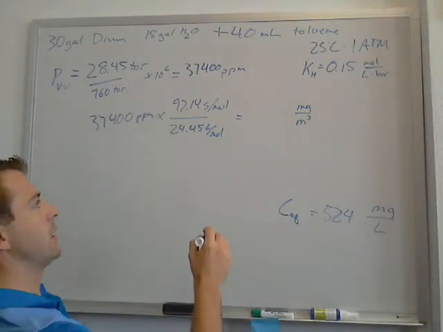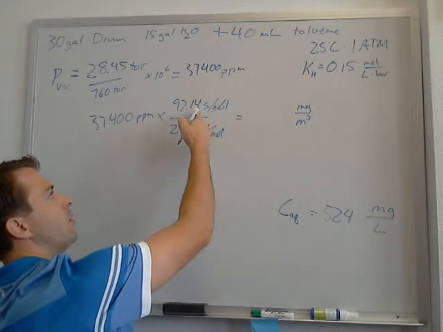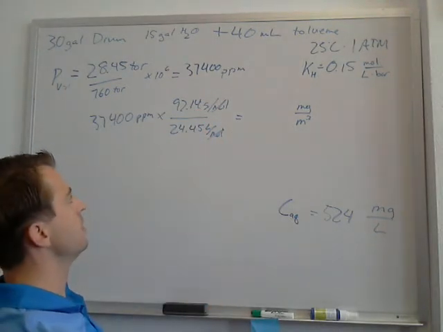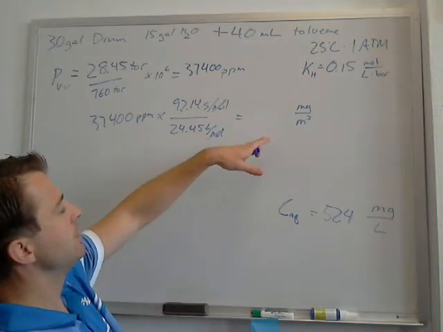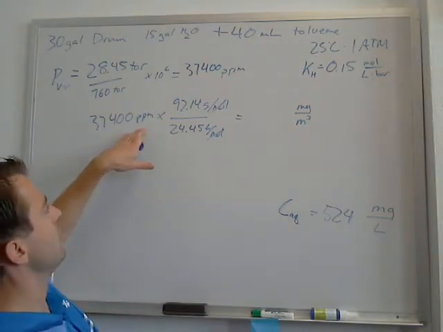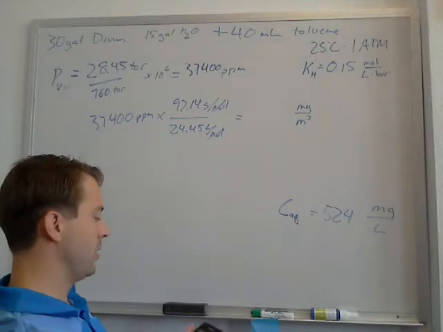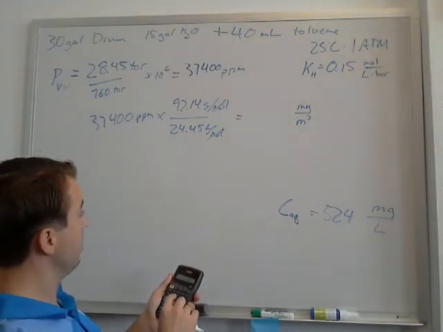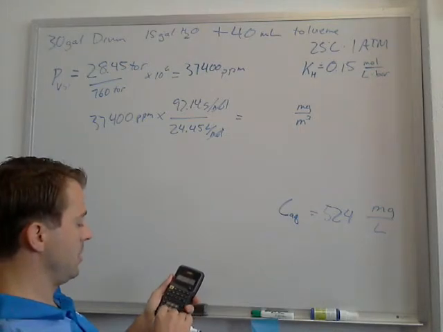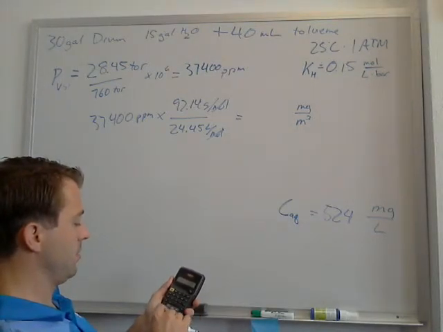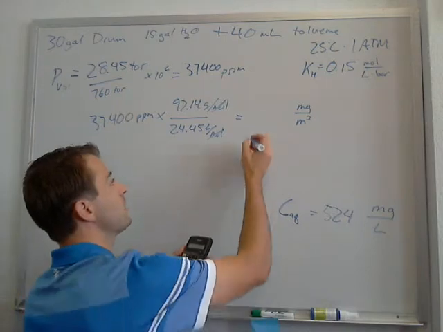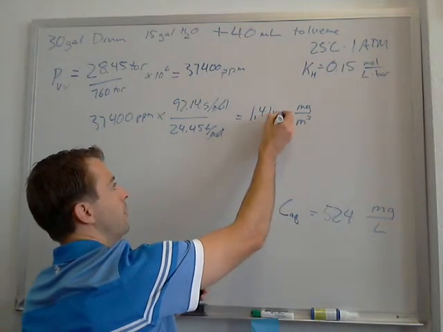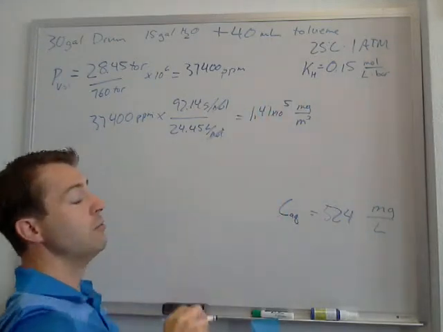The units cancel out, and if we were to convert the grams into milligrams and the liters into cubic meters, we'd find that that offsets by a factor of 1,000,000, which takes care of our parts per million. That 10 to the minus 6 is implied right there. So we take this number, multiply by 92.14, divide by 24.45, and this comes out to 1.41 times 10 to the 5th milligrams per cubic meter.